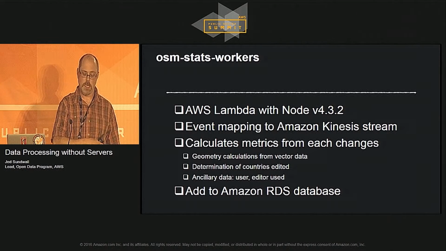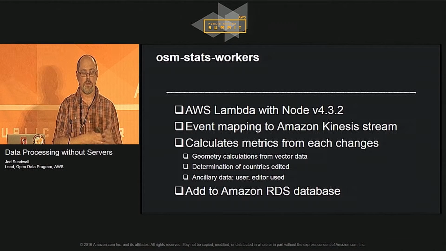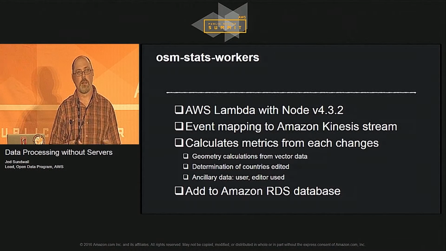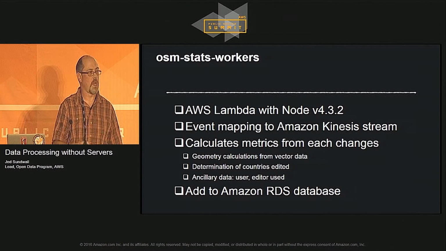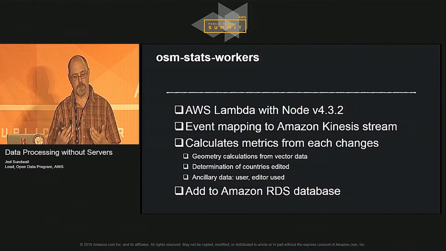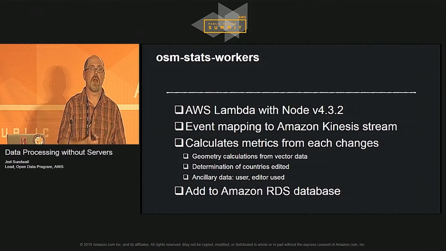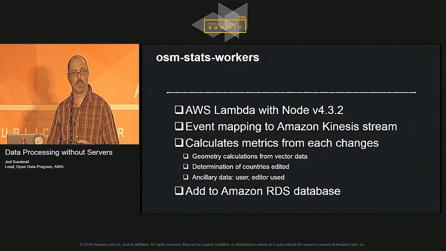It's mapped to the Kinesis stream, and when new events are added, the Lambda function gets them automatically and calculates a variety of metrics from the geometries and from the metadata, including like where was this edited, what countries were this edited, and then that gets added to a database that's running on RDS.